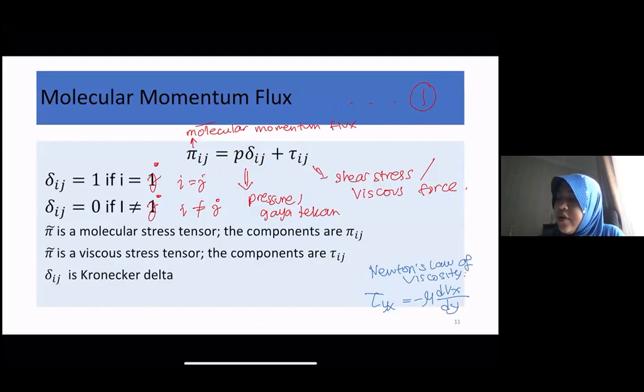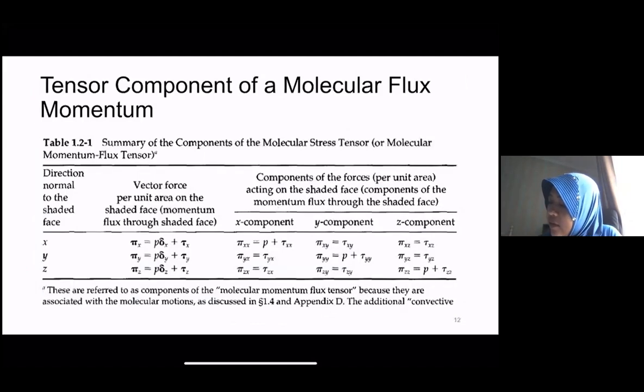For example, for the component of the forces with the direction normal to x, if it is in the y component, that is not perpendicular, so we don't consider the pressure, because the pressure that we need to consider is only in the same direction. Later on in the examples, you can have more description about what I'm talking about.